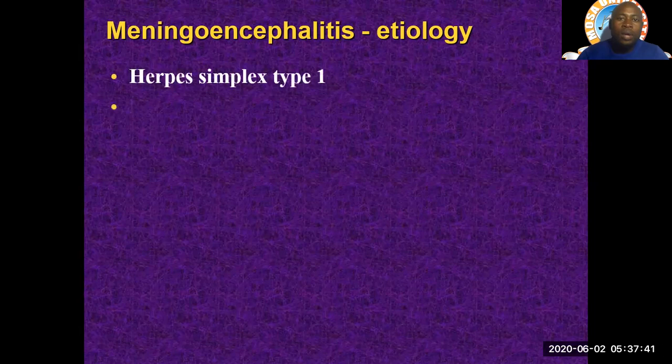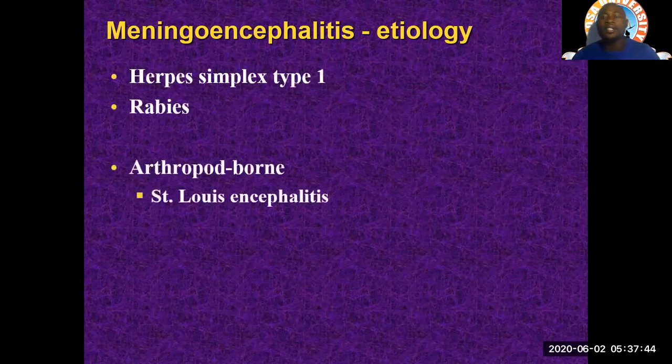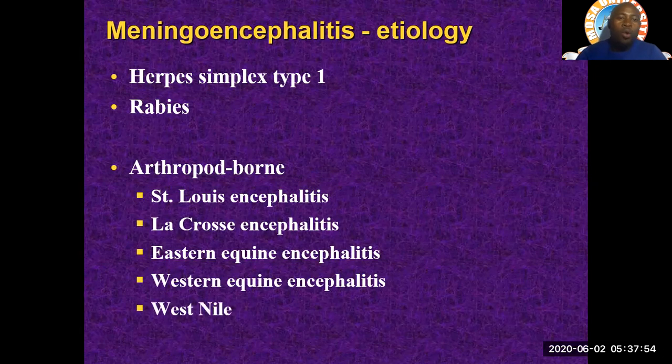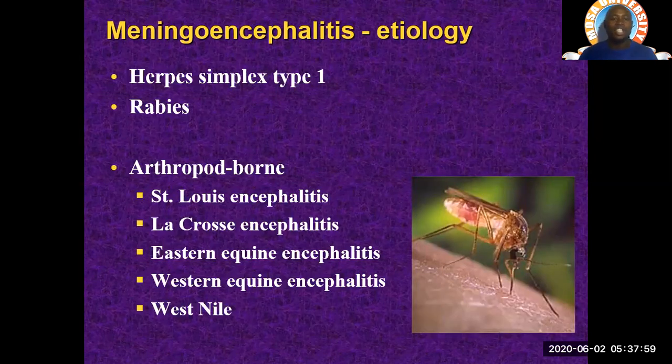So let us look at meningoencephalitis, the etiology. Most is caused by herpes simplex type 1 and rabies. There are also the arthropod-borne types, which consist of St. Louis encephalitis, La Crosse encephalitis, Eastern equine encephalitis, and Western equine encephalitis. All these are different types of inflammation occurring in meningoencephalitis.